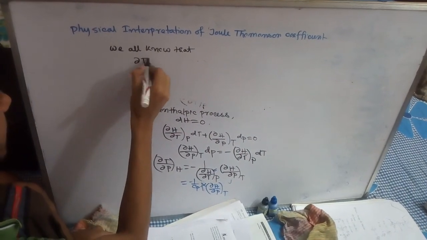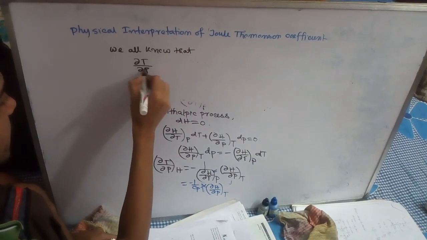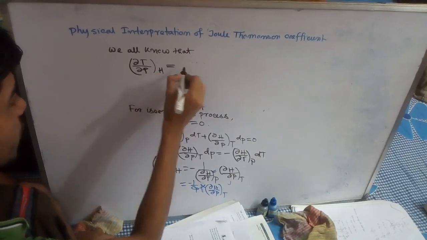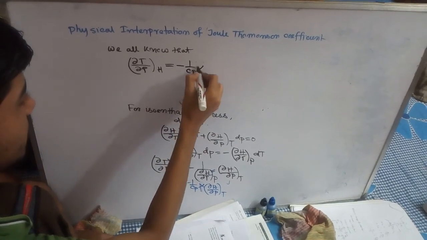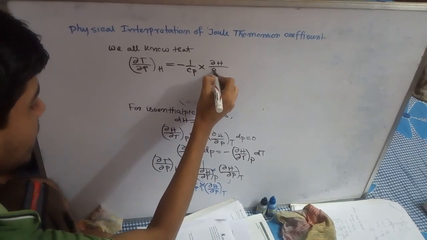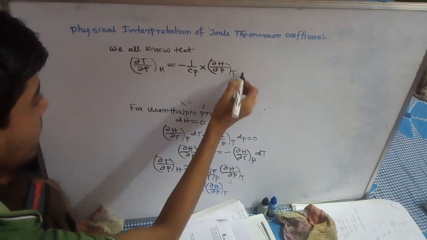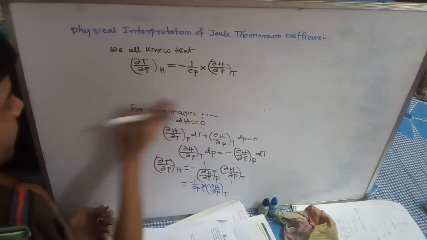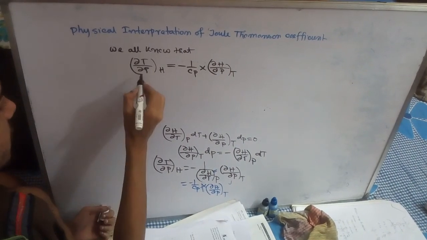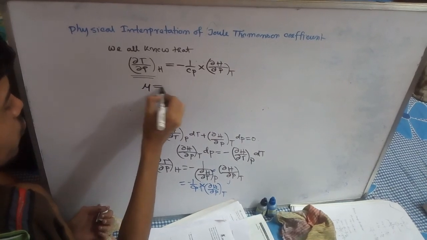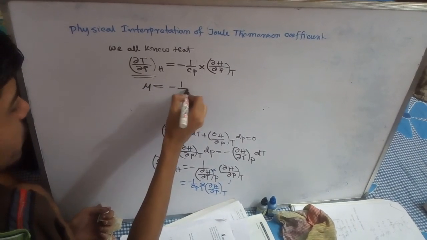So del T del P H is equal to minus 1 by Cp del H del P T. We also know that this is the Joule-Thomson coefficient mu, minus 1 by Cp del H del P T.